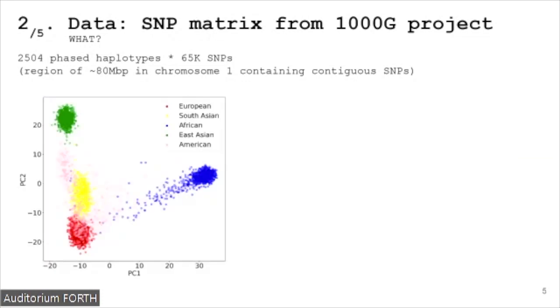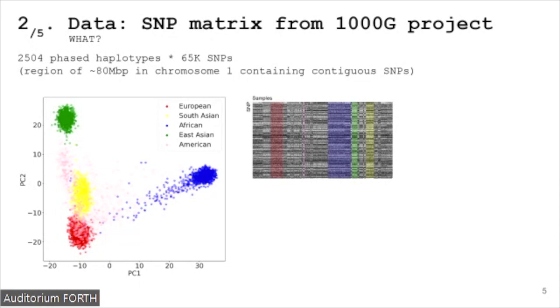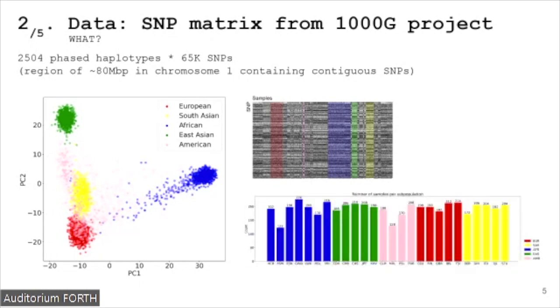If you do, for example, a PCA on this data, you can see that it captures population structure, where the modes correspond to the different continental ancestry groups, and in particular, to each continental ancestry group correspond different SNP patterns. And we have also more detailed information about the population within each superpopulation. So we have, for example, the labels of Japanese, Mexican, Peruvians, etc.